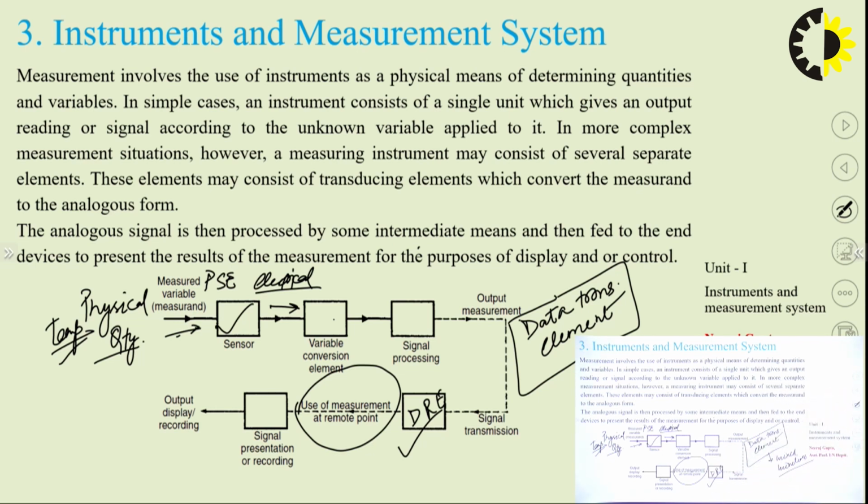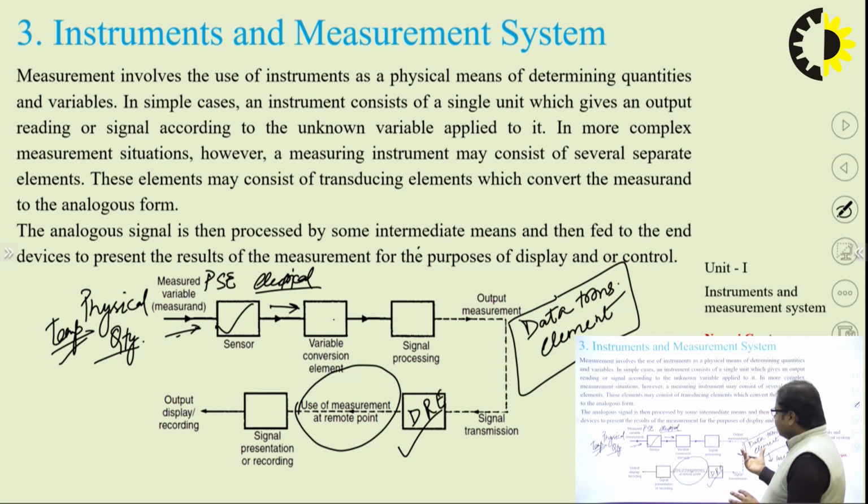So, there are so many things which can take place, but this is a generalized measurement system. It does not say that every instrument should comprise these aspects in this basic order only. An instrument could have a variable conversion element over here as well, the signal conditioning could be done after that, or the data transmission element could be first.